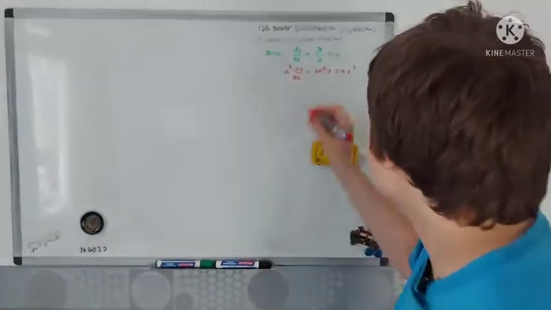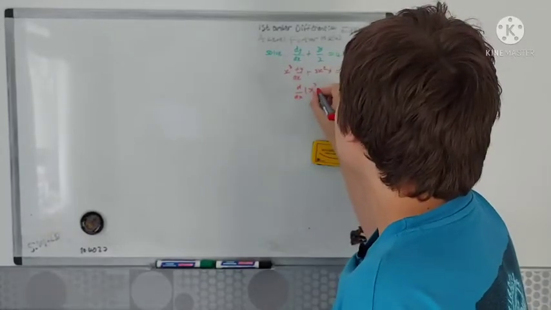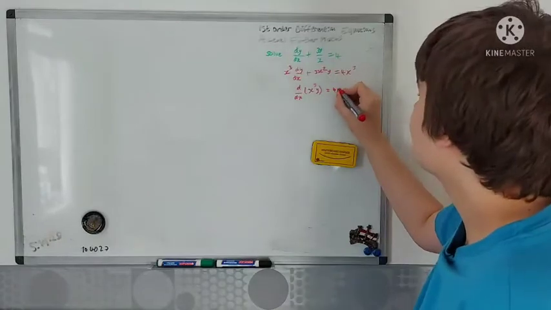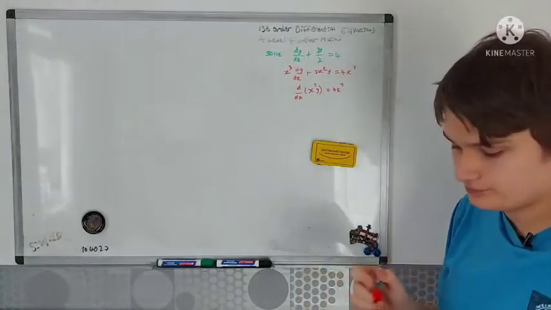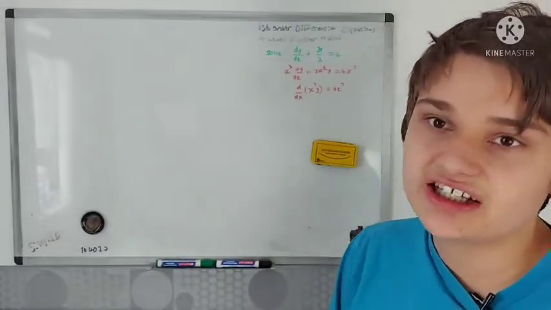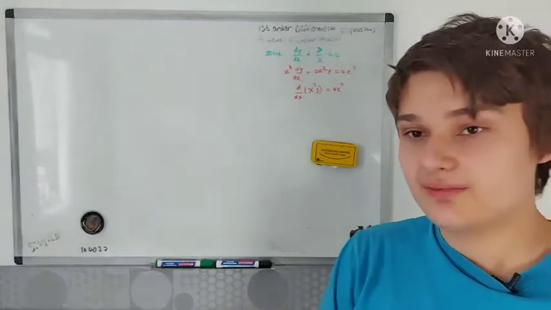What's this? This is just the derivative of x cubed y. See what I've done there? If you've not spotted it, it's completely fine, because I will introduce you to where this is coming from in the later part of this video.